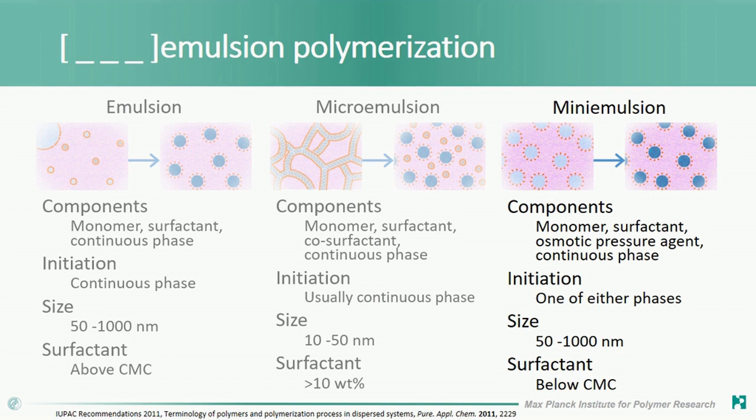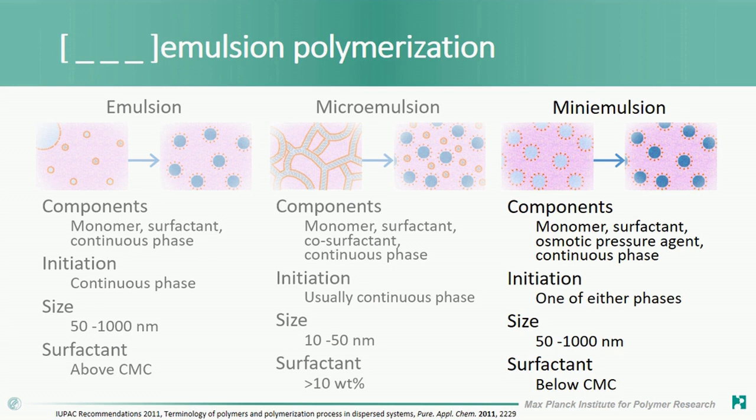And we end up with sizes that are similar to what we observe with emulsion polymerization. However, we use much less surfactant. But because we use much less surfactant, the formation of the micelles or of the reservoirs of monomer is not spontaneous. We need to give energy to the system to break down the disperse phase into small droplets that will be stabilized by the surfactant.